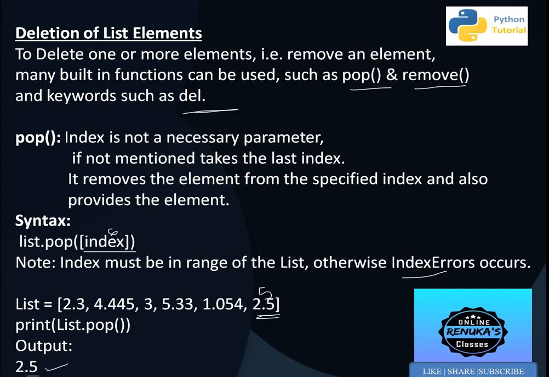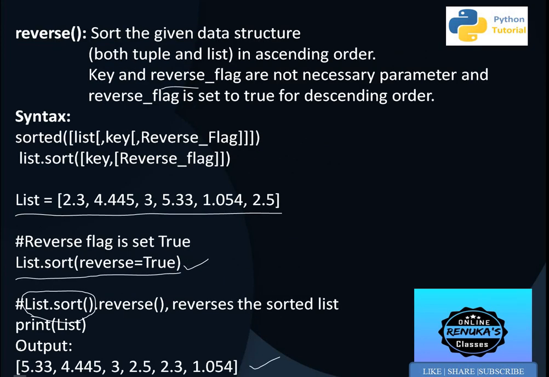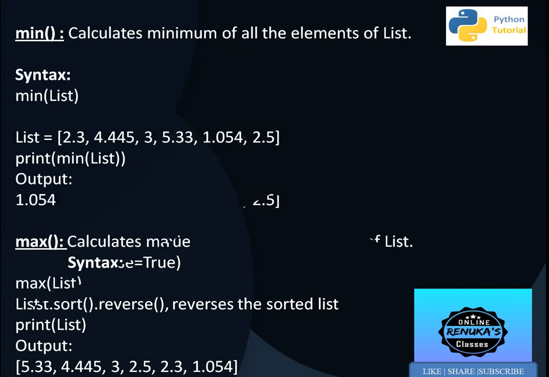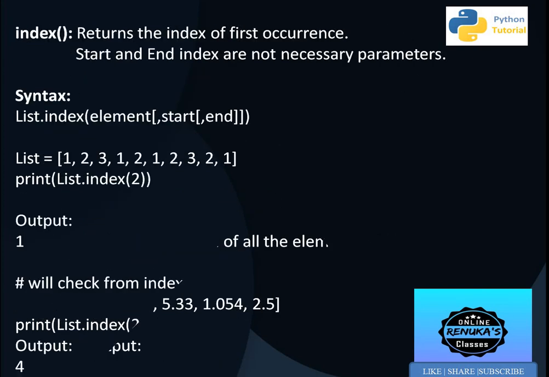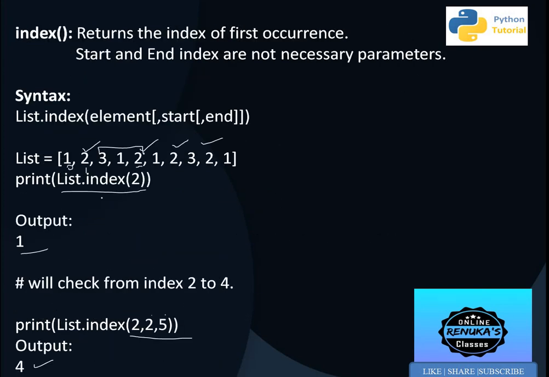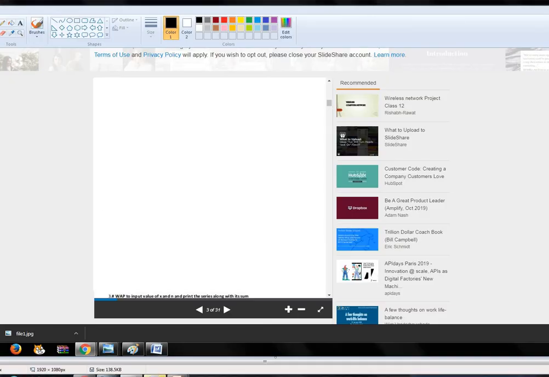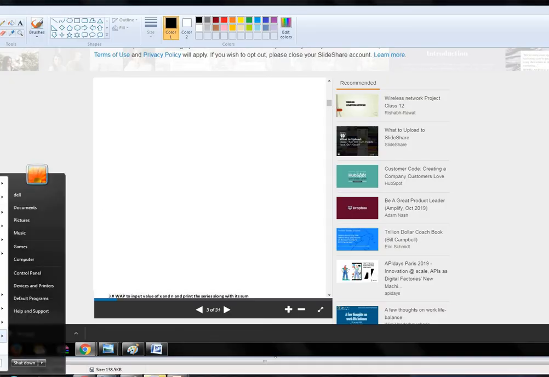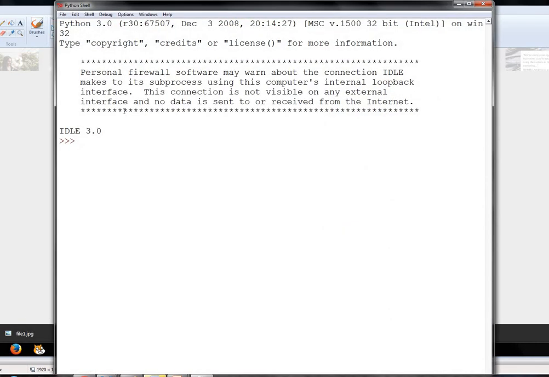So we can move back and we can try any one or two commands, how you can operate these commands. We will move to Python prompt. This is Python 3.0 we are using.